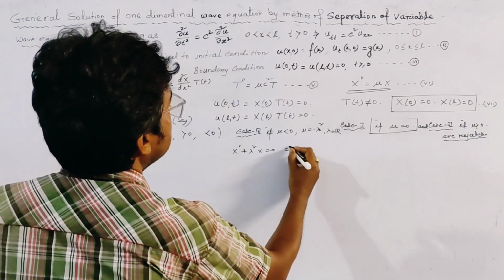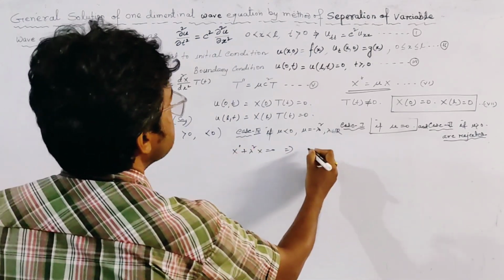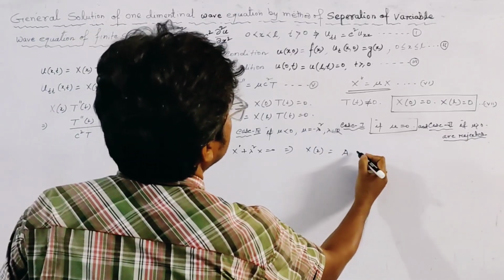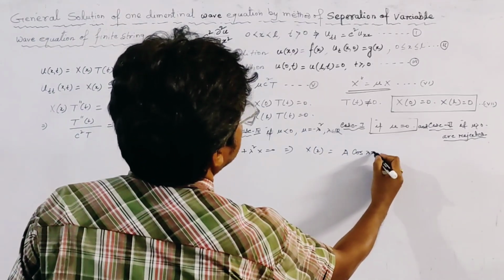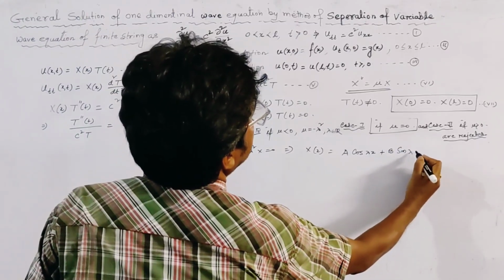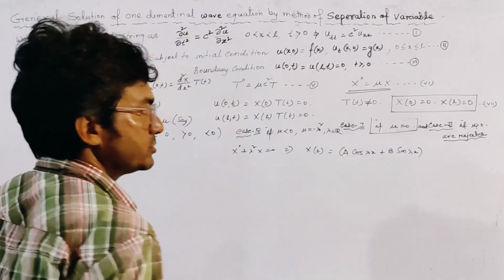And clearly the solution of this differential equation is X of x equal to a into cos lambda x plus b into sin lambda x.